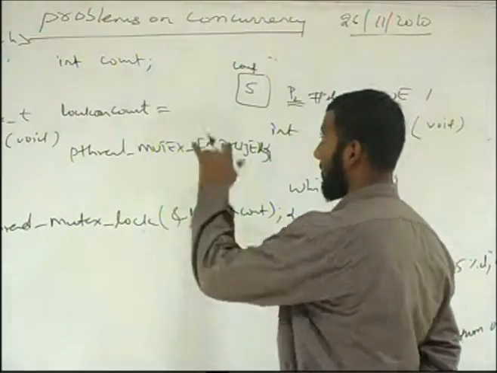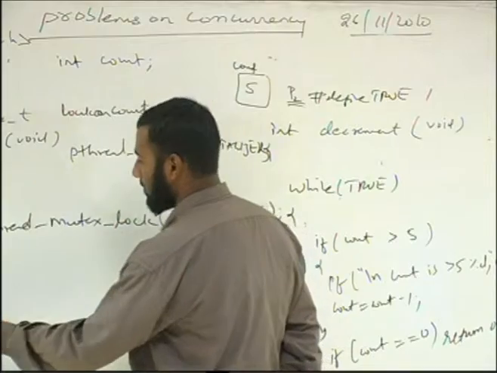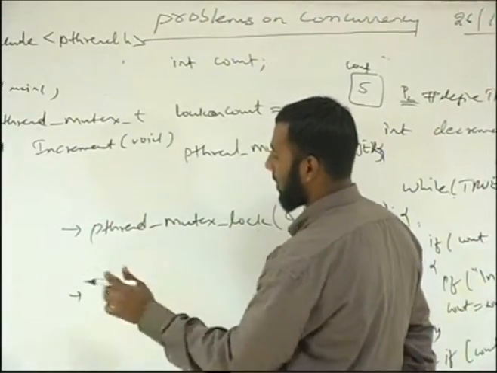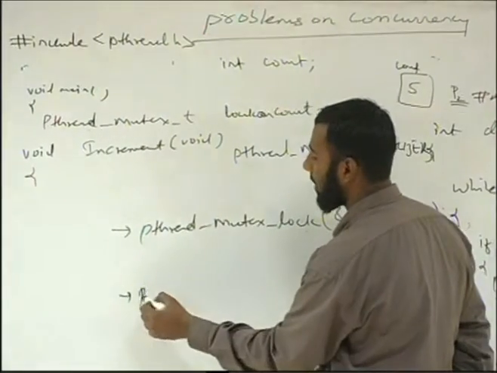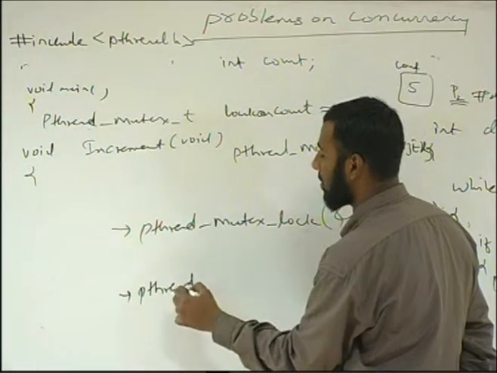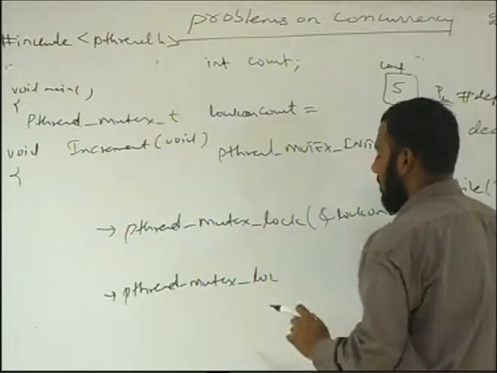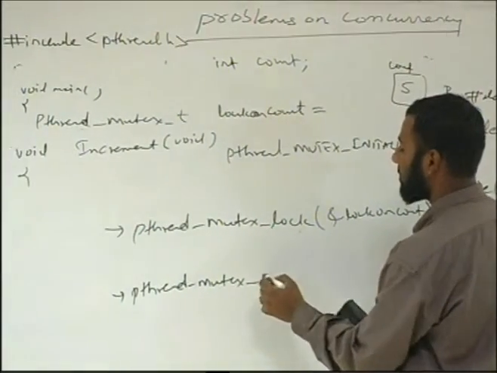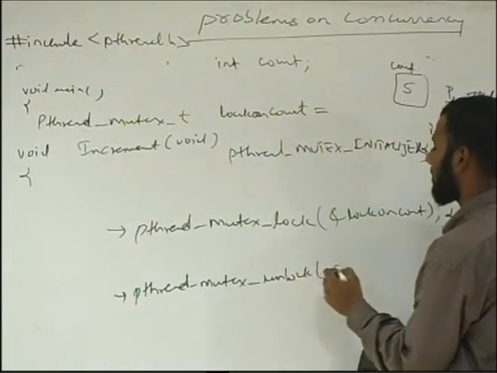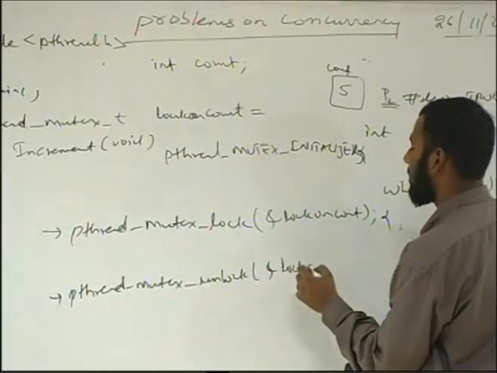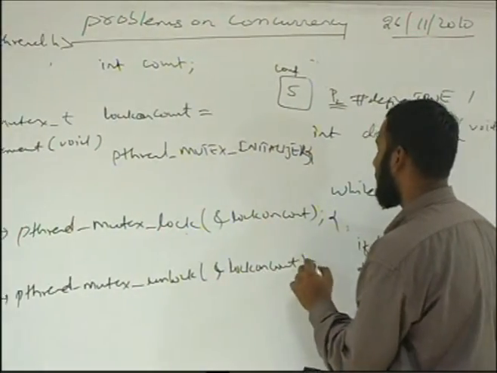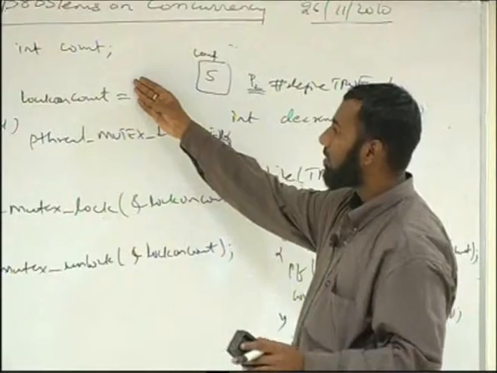When modifications are completed on count, after releasing this shared resource, we have to write pthread_mutex_unlock(&lock_on_count). So we have to lock before we access count and unlock after.